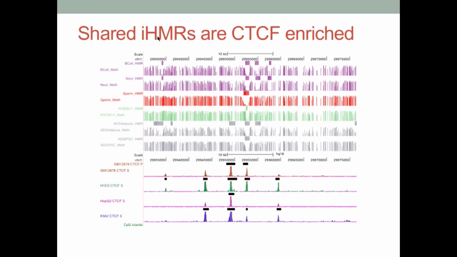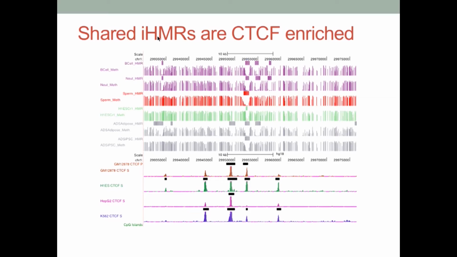And then the last few slides, I just want to give you a little bit of a teaser for what I'm going to talk about after the break. If we're specifically focused on analyzing the intergenic HMRs, I did say that most of them are very cell type specific, but there are some intergenic HMRs that are shared between cell types.